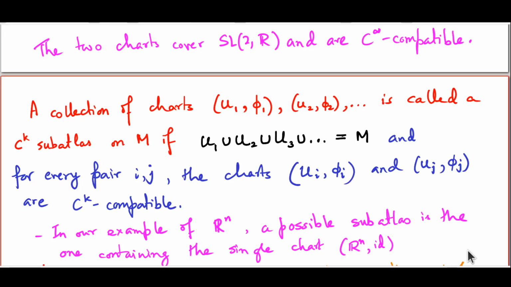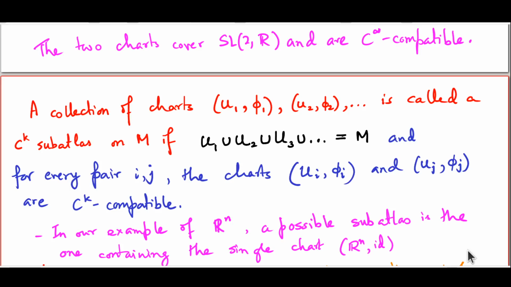This is a case where the set M is R^n, and for (U, Phi), we have taken R^n itself and the identity map. Now in this case, this one single chart covers all of the manifold, all of the set, and therefore this alone will give you a subatlas with one chart and one chart only.